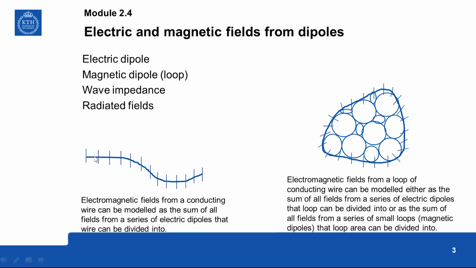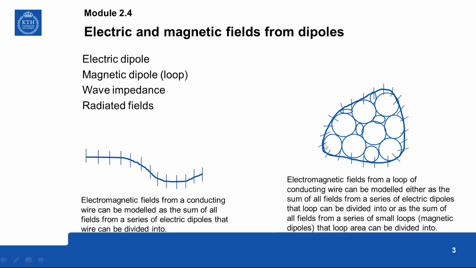So the basic expressions that we want to know are those from the small electric dipoles. These are called the electric dipoles. Now you can imagine another scenario in which you have a wire that is closed, like a loop like that.